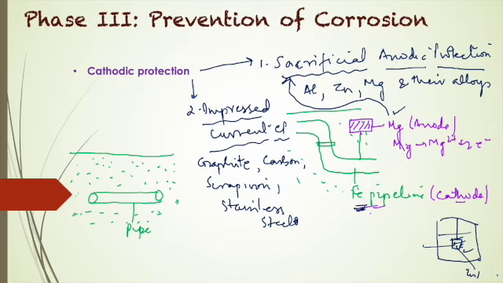I have forcefully made it a cathode. Why? Because I want to protect it. Now how do I forcefully make it a cathode? By connecting it to the negative terminal of the battery outside.